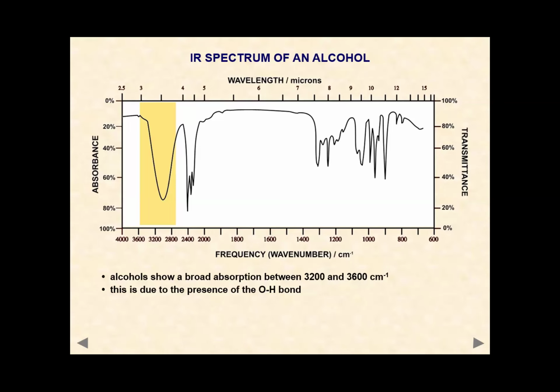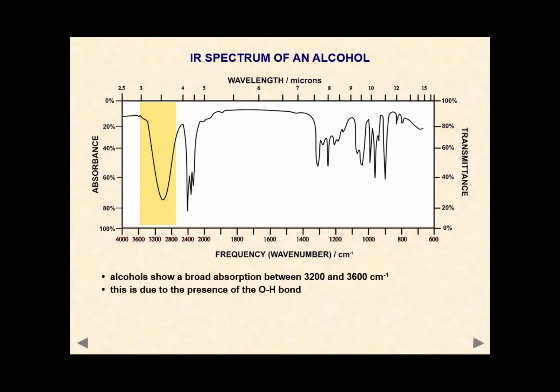So if a compound has an OH group in it, that means an alcohol is present, and you are going to get a long and broad peak at the frequency between 3000 to 3600.